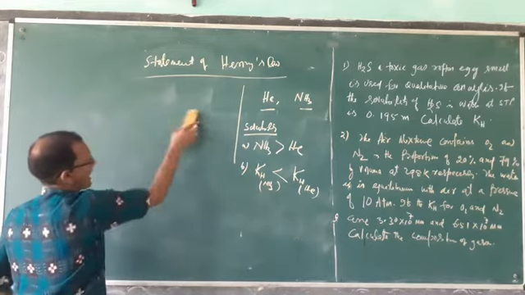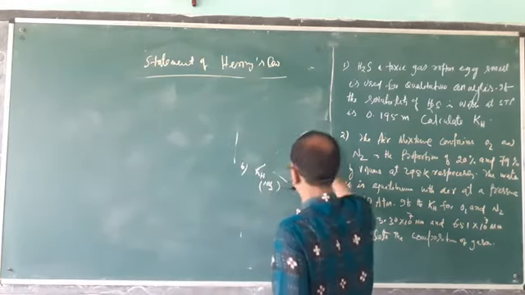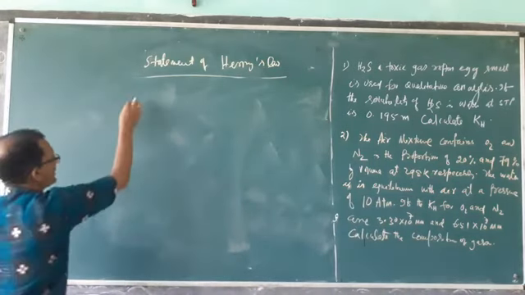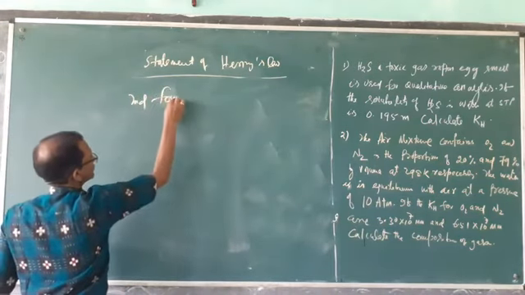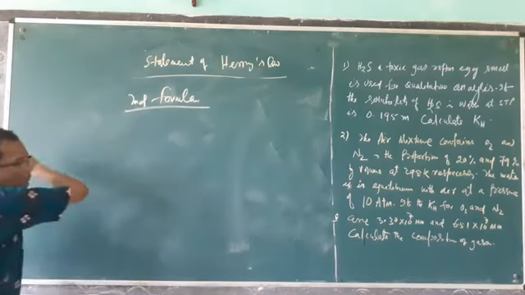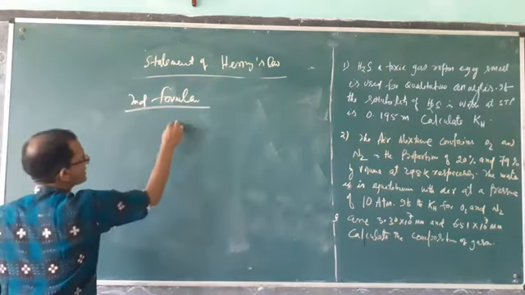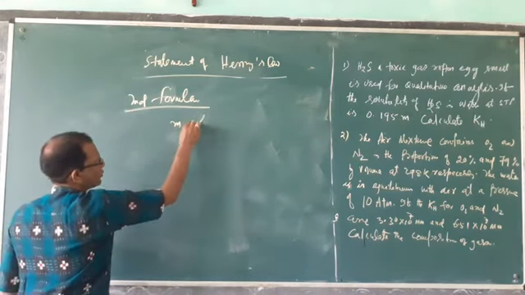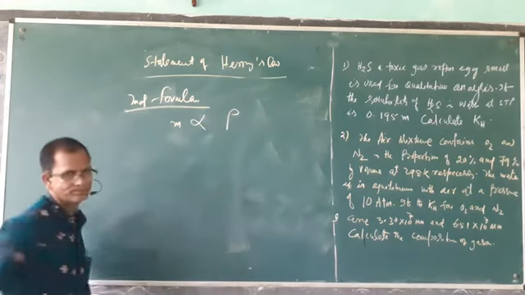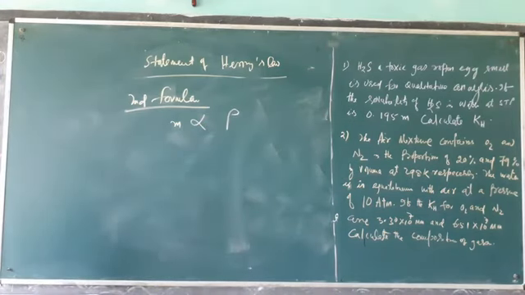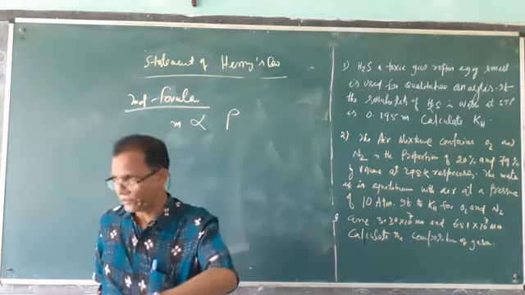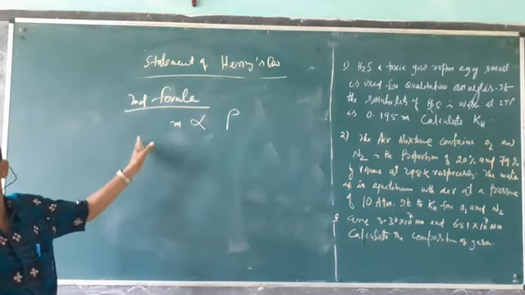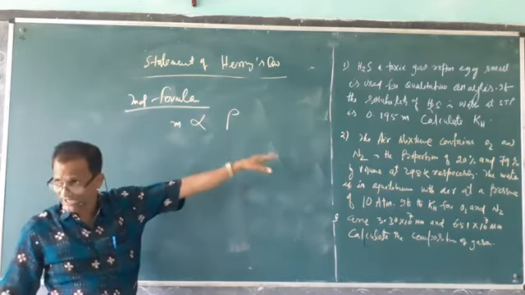Then what are the applications of Henry law? Henry law can be written in another formula. The second formula of Henry law is that the mass of gas dissolved in a particular solvent is also directly proportional to partial pressure. This is the modified form of Henry law, where pressure is directly proportional to mole fraction.